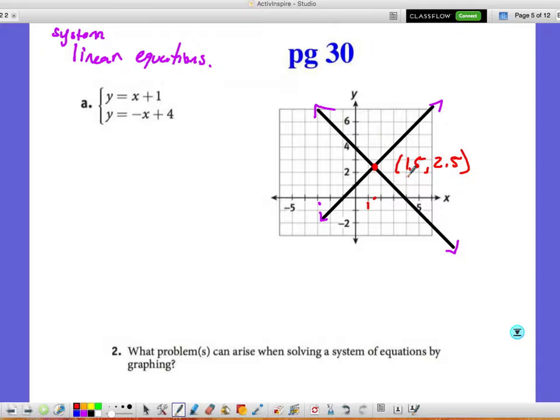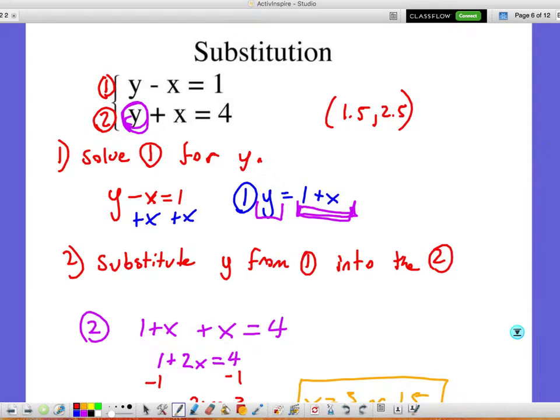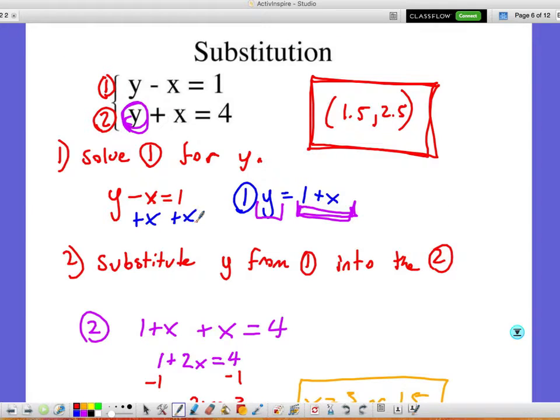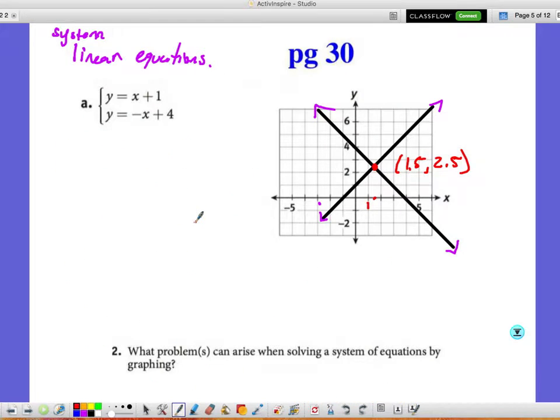And so, as you can see, using substitution gives us that exact ordered pair where the intersection is going to be. So substitution is definitely more precise than graphing. Alright.